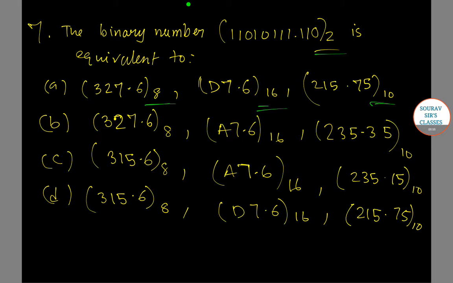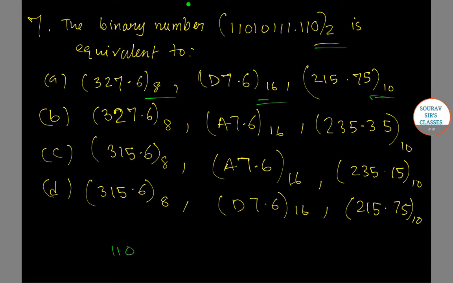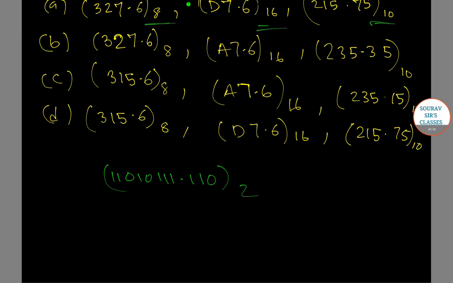Taking the number, we have 1101011111.110. This is in base 2. We know that in order to convert it to octal, we will take groups of 3.